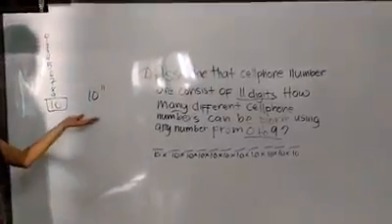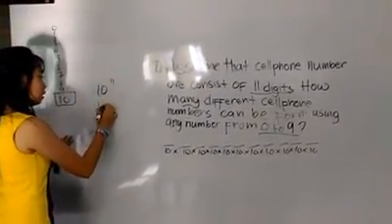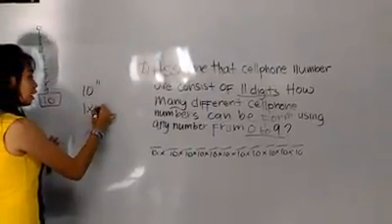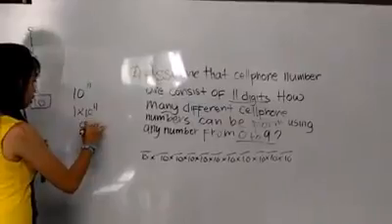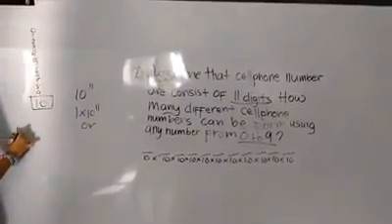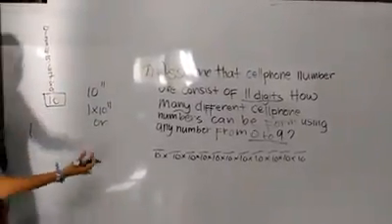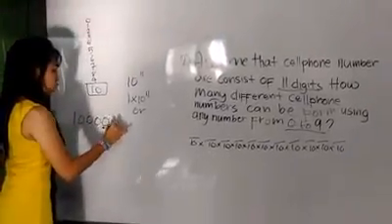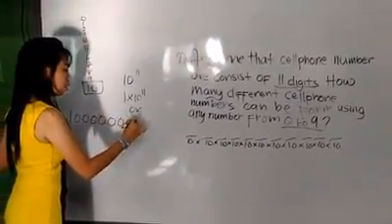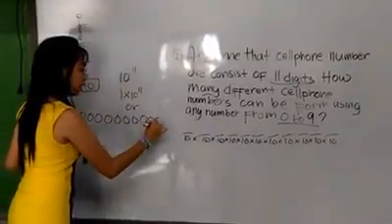The answer will be 1 times 10 to the 11th, or 1 followed by 11 zeros: 1, 2, 3, 4, 5, 6, 7, 8, 9, 10, 11.